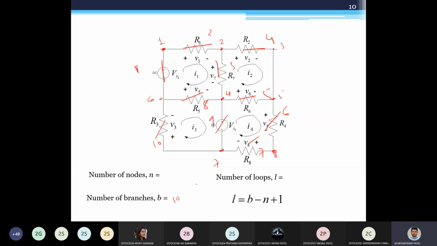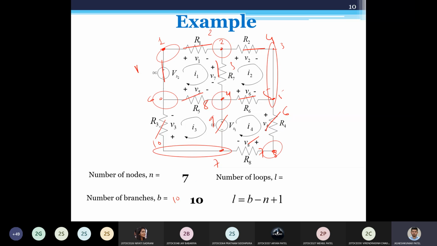So number of... sorry, I have done something wrong here. Okay, so see, these two are the same thing. So I have a total of 7 nodes here. So 10 and 7. So 10 minus 7 plus 1, that is 4. So we have 4 meshes here, as we have seen: first, second, third, and fourth.